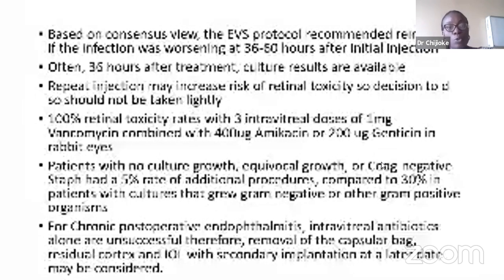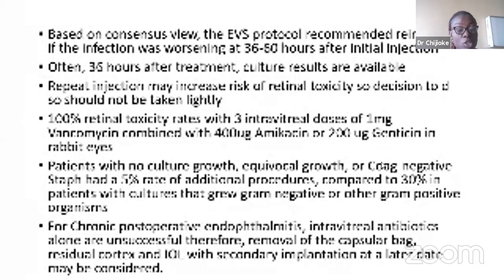Based on consensus view, the endophthalmitis vitrectomy study protocol recommended reinjection if the infection was worsening at 36 to 60 hours after initial injection, and often 36 hours after treatment, culture results should be available. Repeat injection may increase risk of retinal toxicity, so the decision to do this should not be taken lightly.